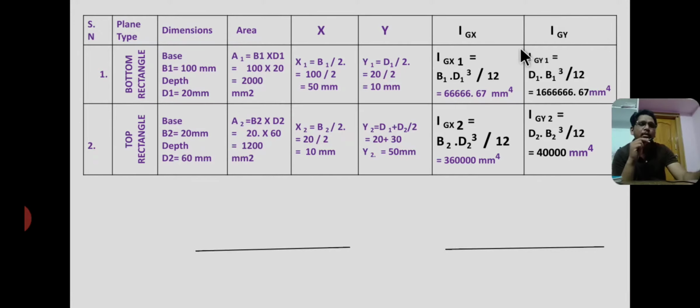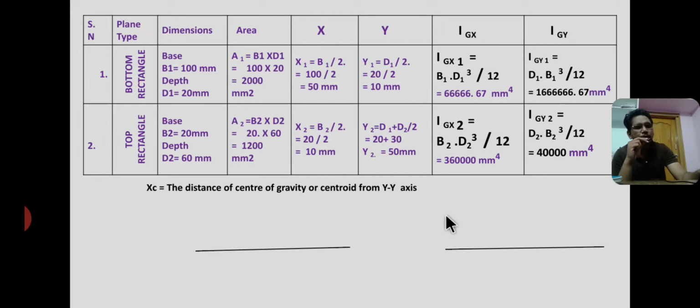For rectangular sections, in the previous slide we already discussed these formulas. Therefore Igx equal to bd cube by 12 and Igy equal to db cube by 12, and substitute the values of b1 and d1, you will get the answers Igx1, Igy1. Similarly Igx2, Igy2.